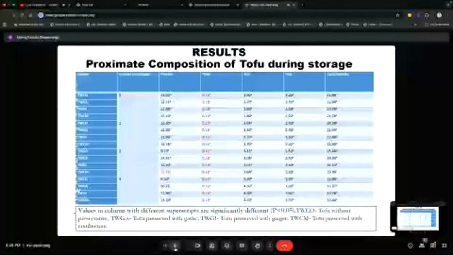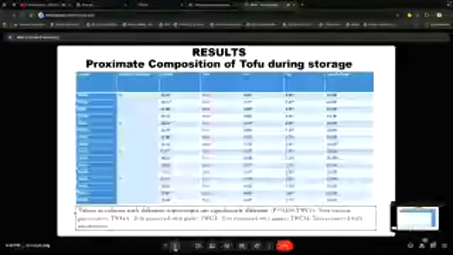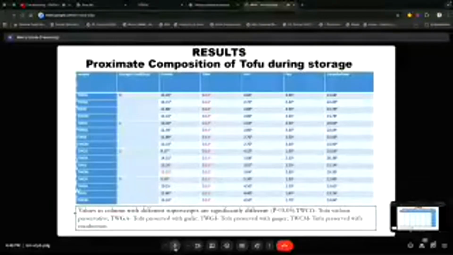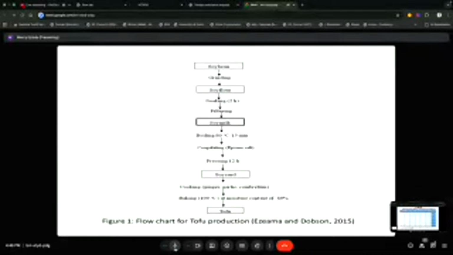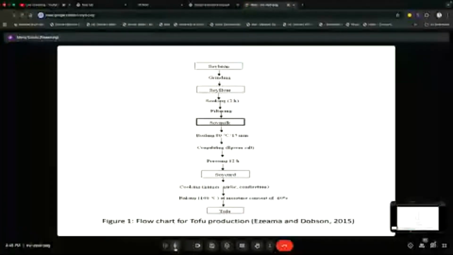I'm there. I've shown the flow chart. Is it not showing? The flow chart is showing on my screen. Is it not showing over there? Okay, I've seen it.